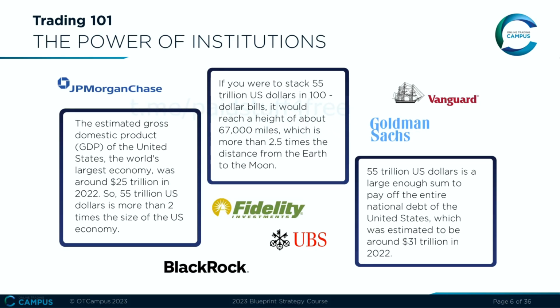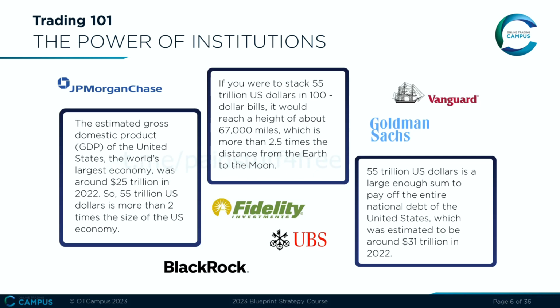Okay. So 55 trillion US dollars is a large enough sum to pay off the entire national debt of the United States, which was estimated to be around $31 trillion in 2022. The estimated GDP of the United States, the world's largest economy, was around 25 trillion US dollars in 2022. So 55 trillion US dollars is more than double the size of the US economy.